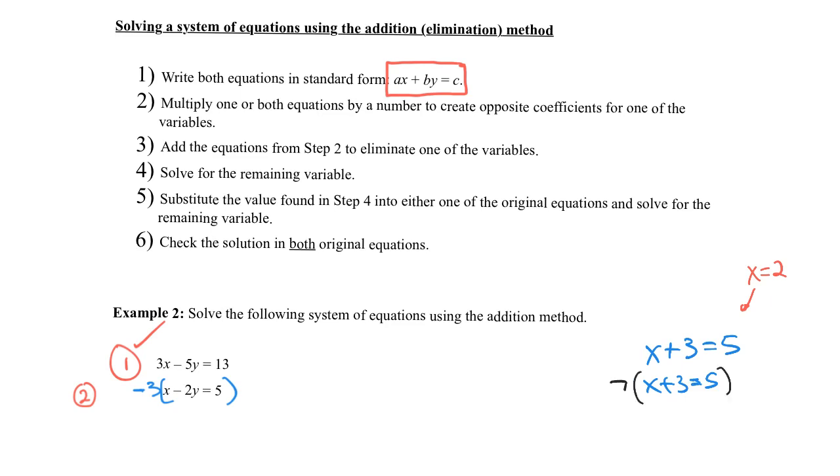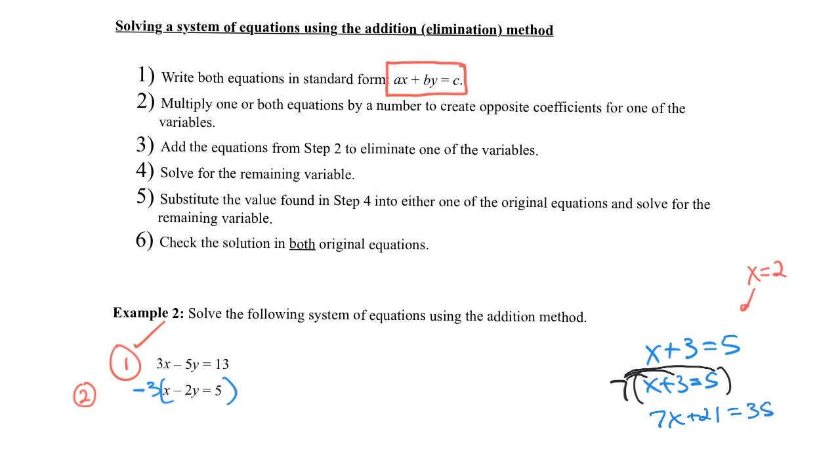I'm going to multiply the whole thing by 7. So this 7 is going to get distributed all the way through on this side and on this side. So I'm multiplying each side of the equation by 7. So if this gets distributed through all the way, what we'll get is 7x plus 21 equals 35.